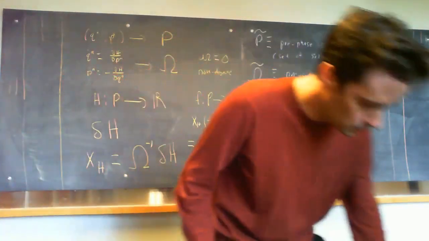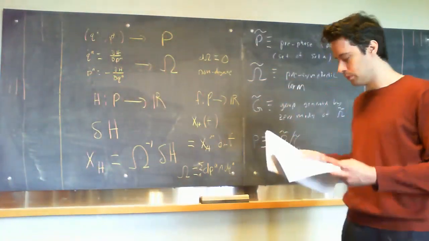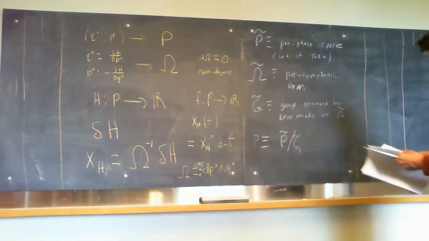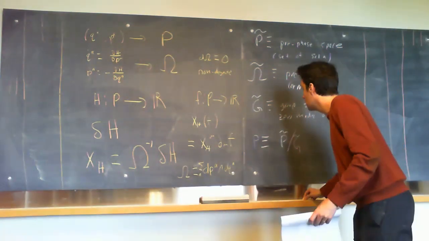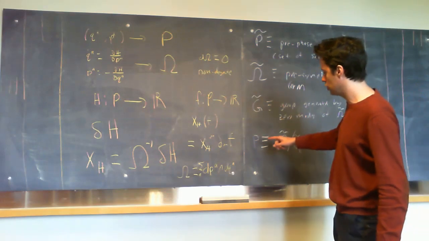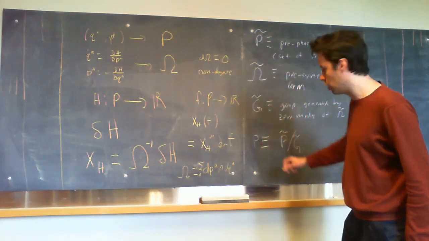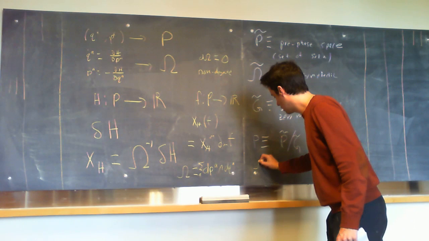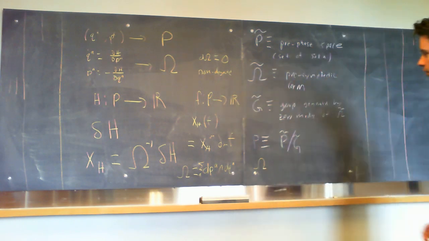Okay, so that's the formal machinery. Let me also say, maybe I won't explain it explicitly, but this constructs the phase space P. I also want to construct the symplectic form.